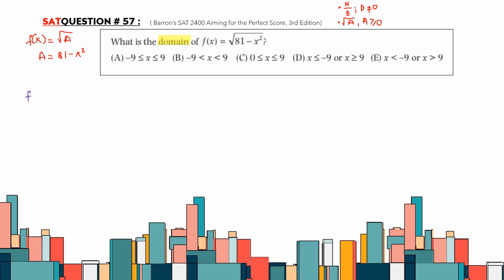We want 81 minus x squared to be greater than or equal to 0.